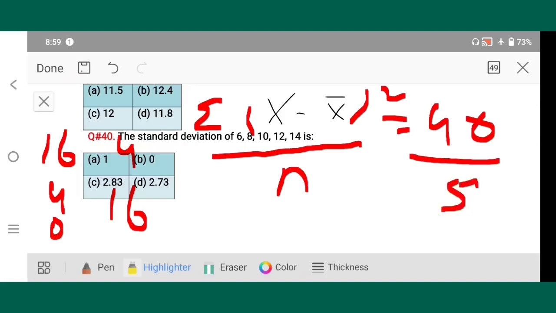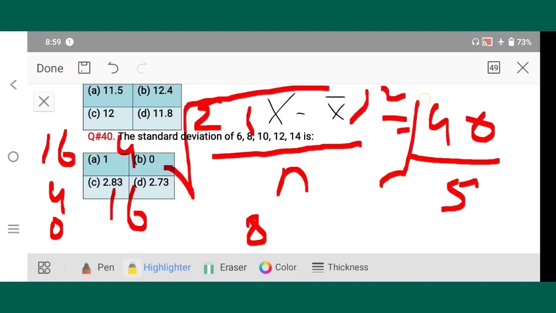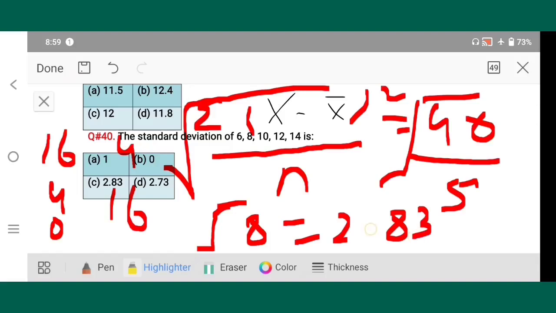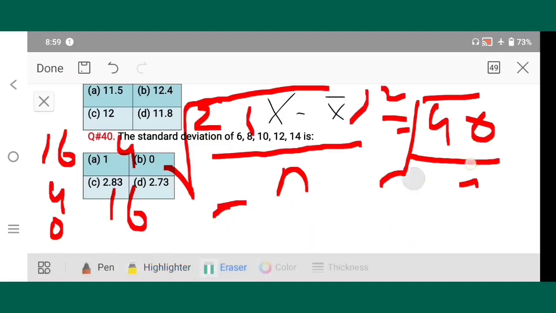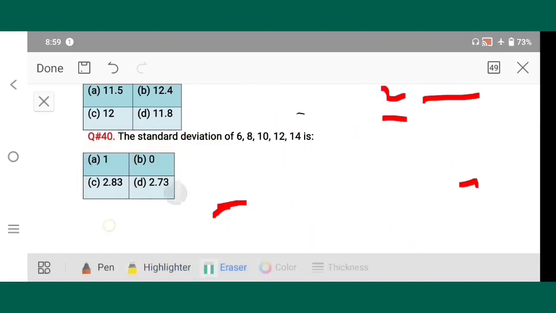So it gives 8 and then take the square root. So this will be equal to approximately 2.83. So 2.83 will be the correct option.